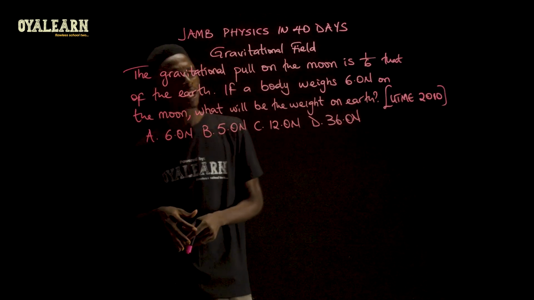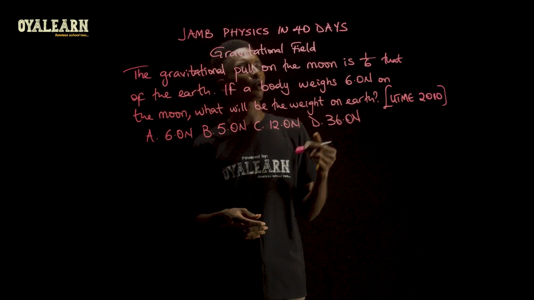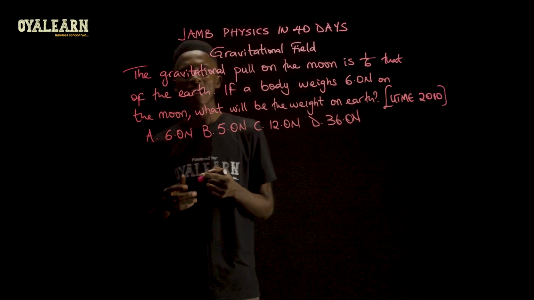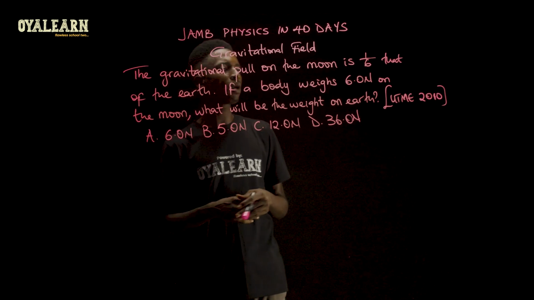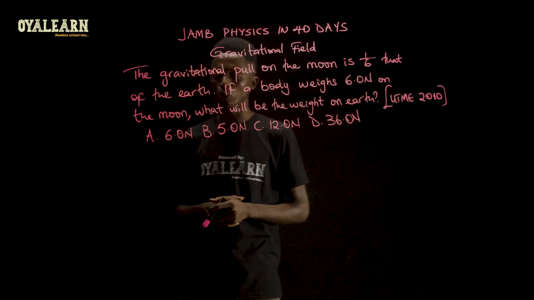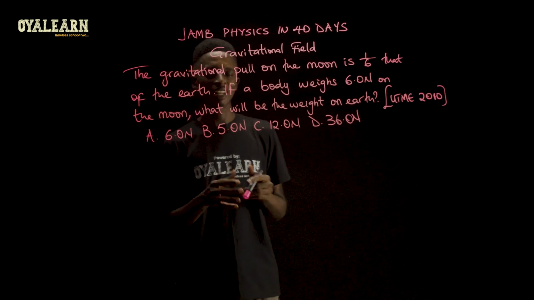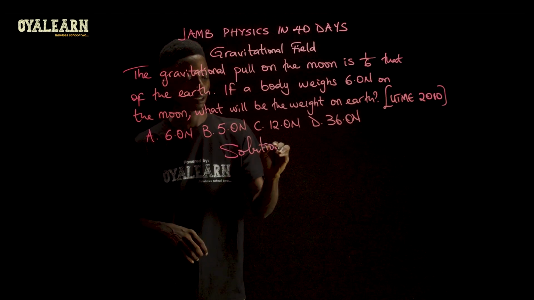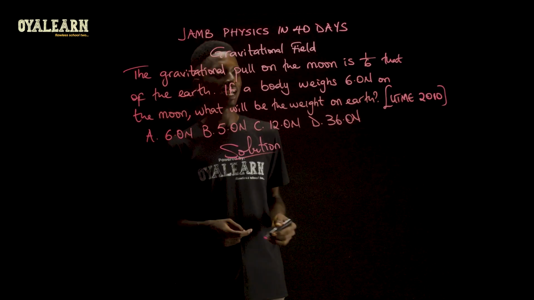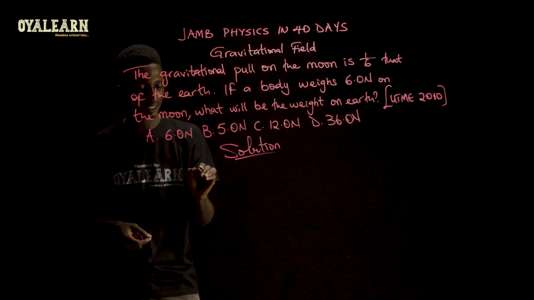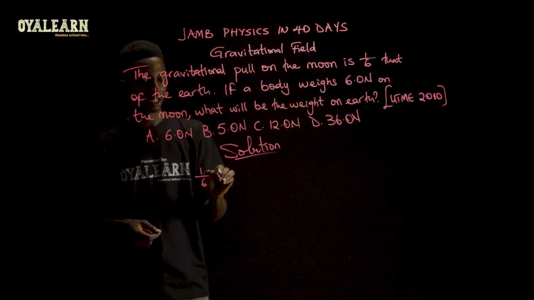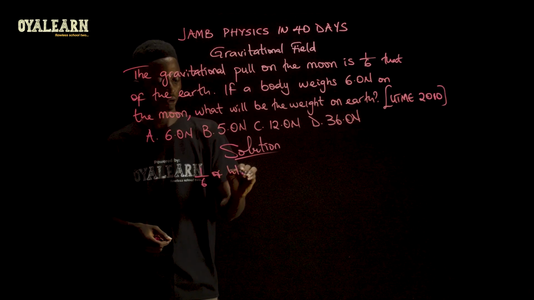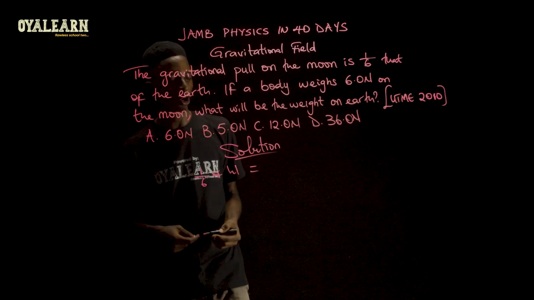The gravitational pull on the moon is 1/6 that of the Earth. So if a body weighs 6.0 Newton on the moon, what will be the weight on Earth? So to solve this, let the weight on Earth be W. So we know that 1/6 of W is what will give us the weight on the moon.